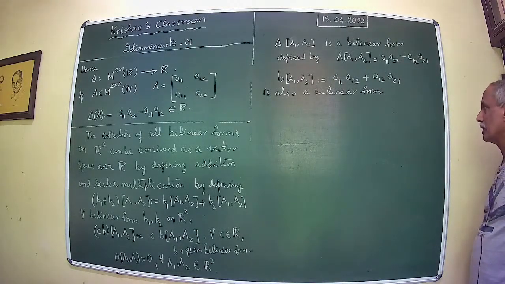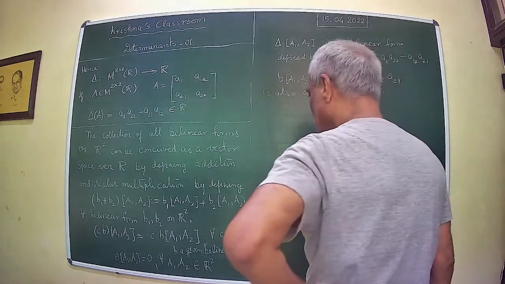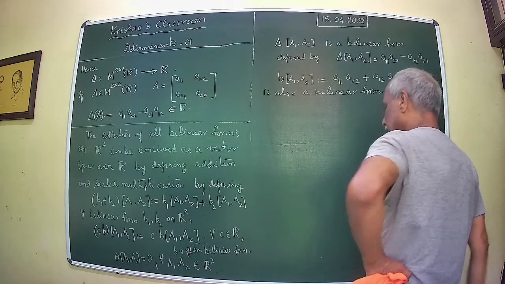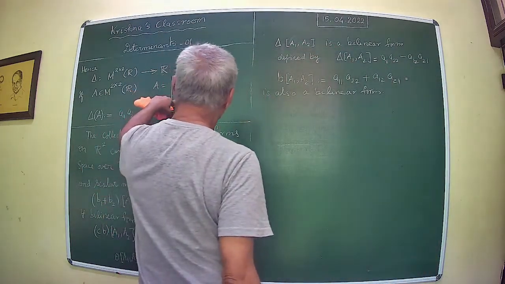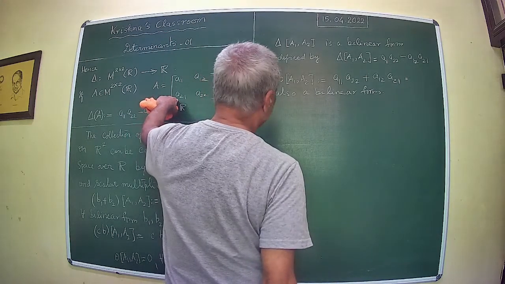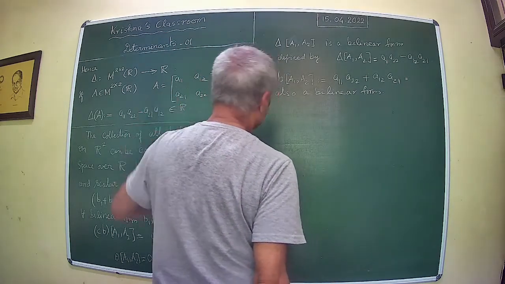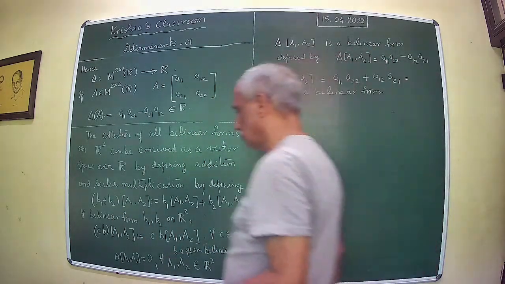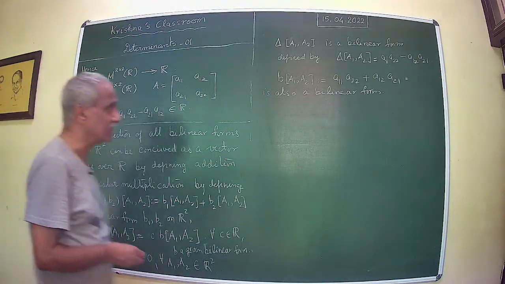Okay, right. This can be written as A11, A21. So that's a bilinear form. So these are examples of bilinear forms.